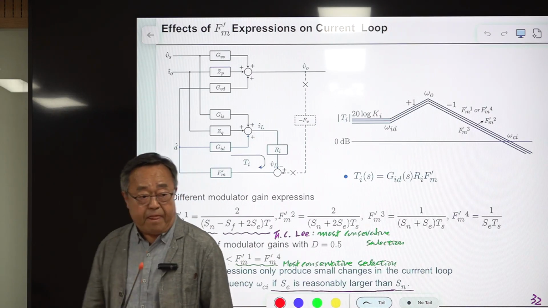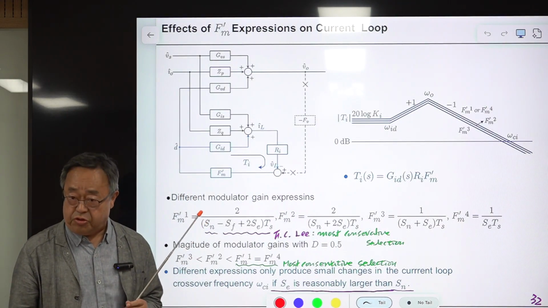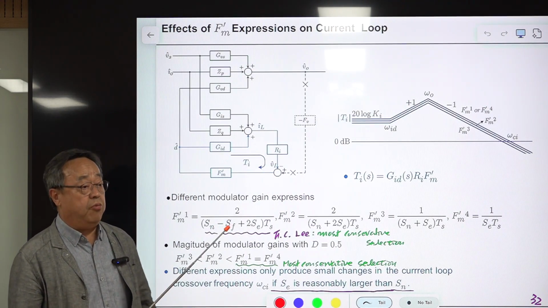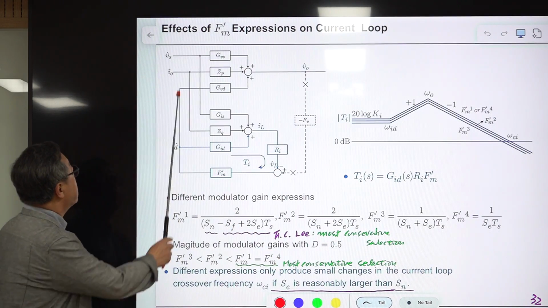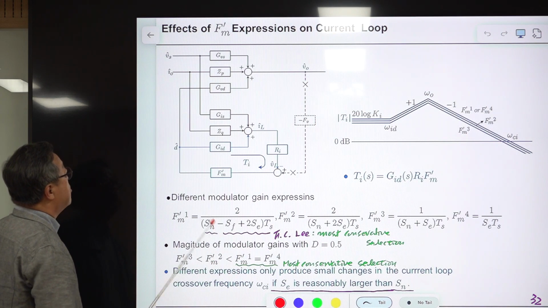Now we postpone the detailed issues about the sampling effect later, and we come back to the classical analysis of the current loop.